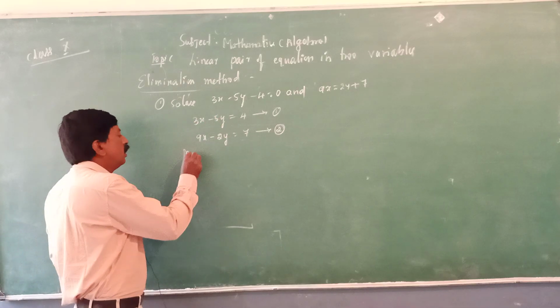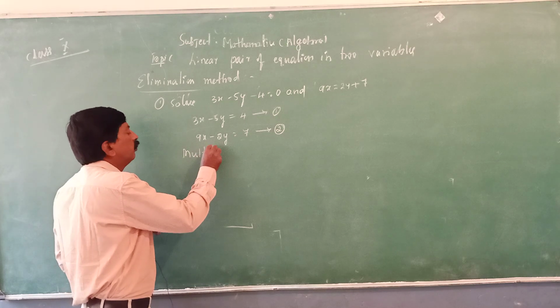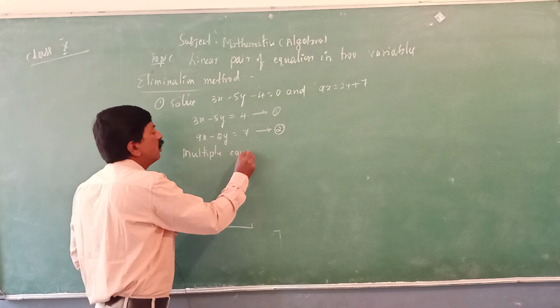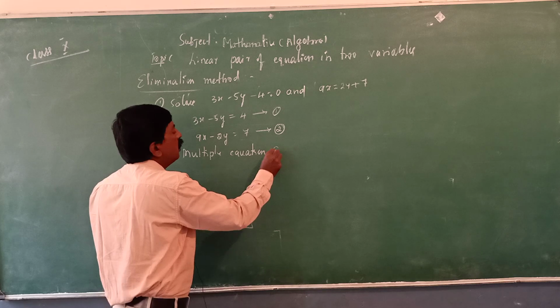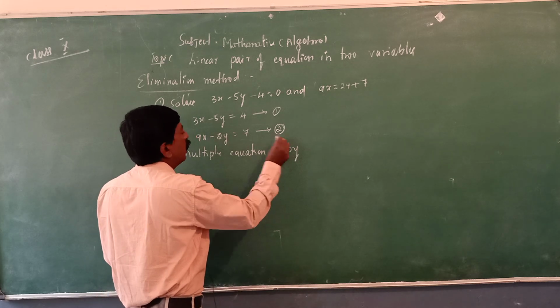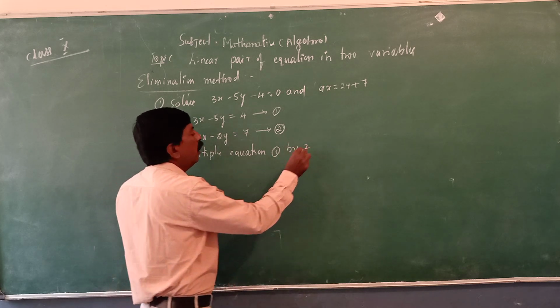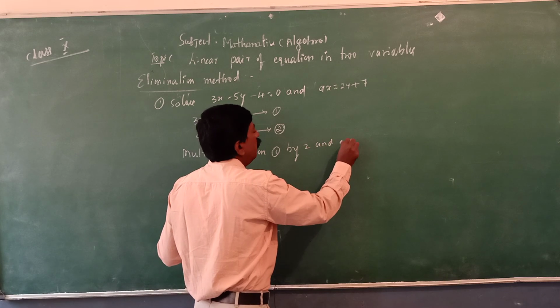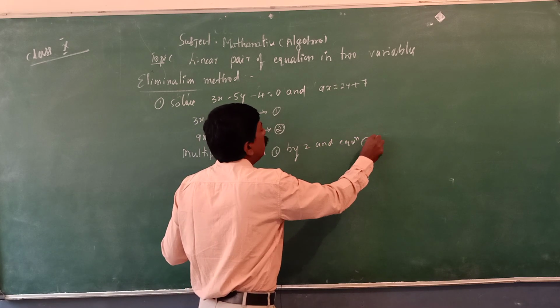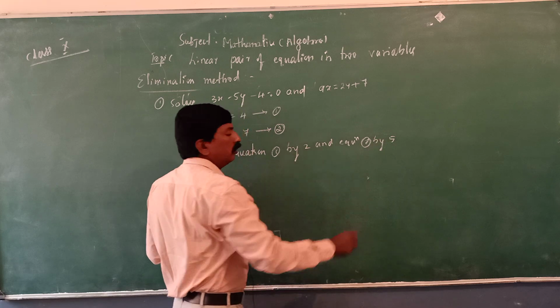That's why we multiply equation 1 by the constant 2 and equation 2 by 5.